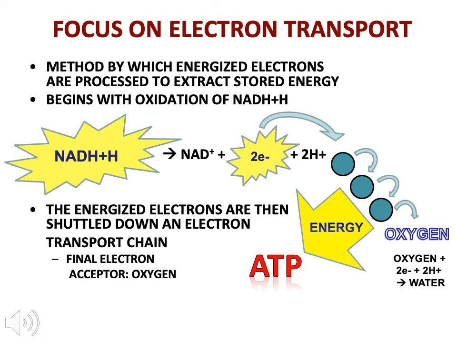The energized electrons have been removed from the NADH plus H molecule, and I'm following the arrow, and those energized electrons are going to head down the electron transport chain. The electrons go to the first carrier, to the second carrier, to the third carrier, and as they run down from carrier to carrier to carrier, the energy is removed and ATP is made.